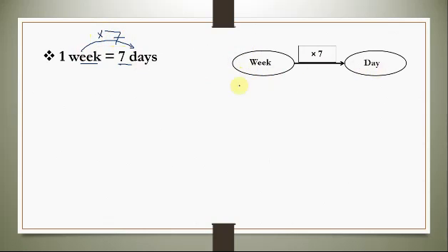Okay, what about 2 weeks? If I want to get 2 weeks equals how many days? We said that we will multiply by 7. So 2 times 7 equals 14 days.